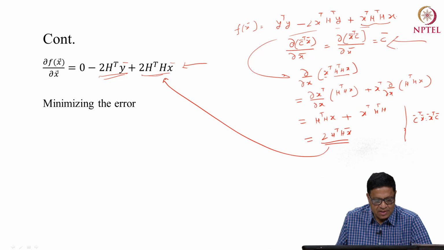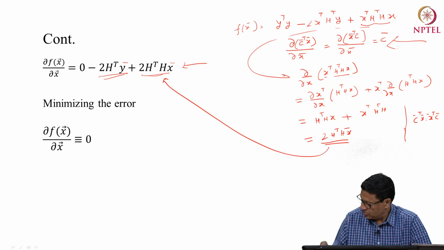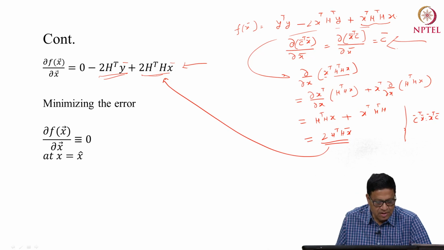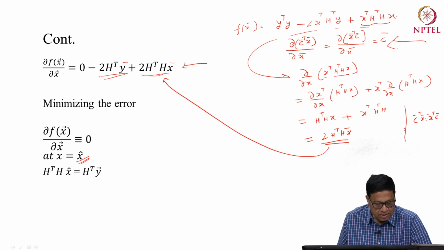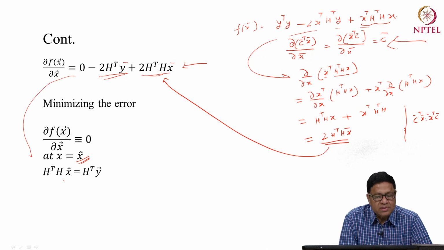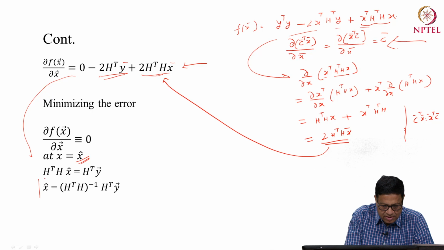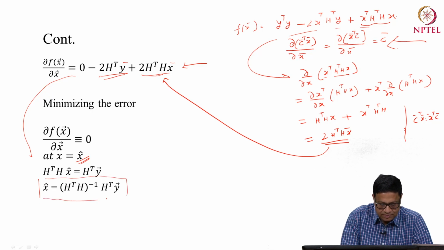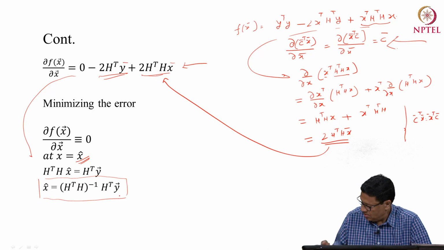So to minimize the error, I need to differentiate with respect to x and equate to 0. This will give me the x estimate. From here I get H transpose H into x estimate equal to H transpose y, and the x estimate is given by H transpose H whole inverse into H transpose y vector.